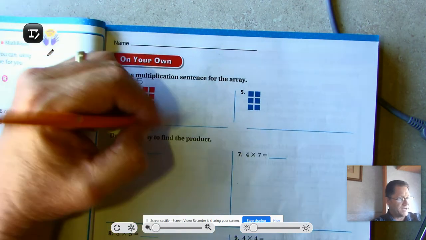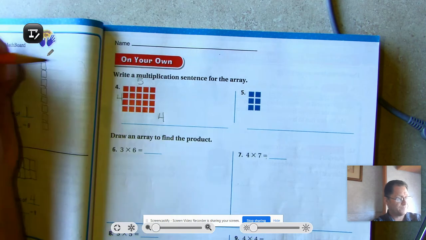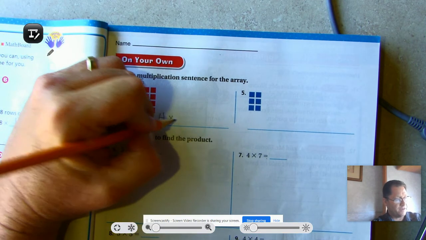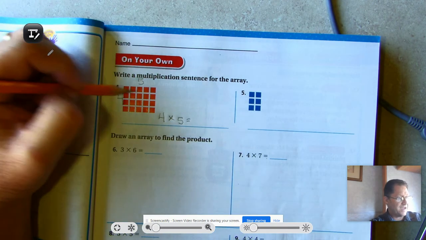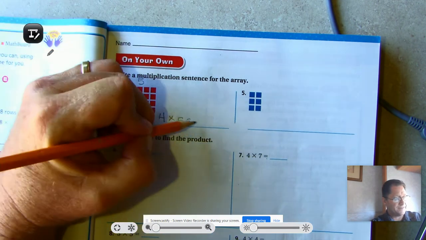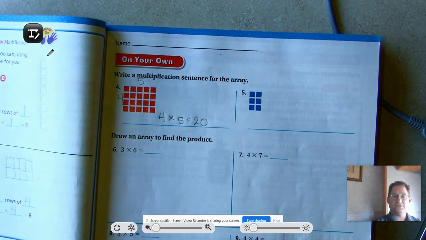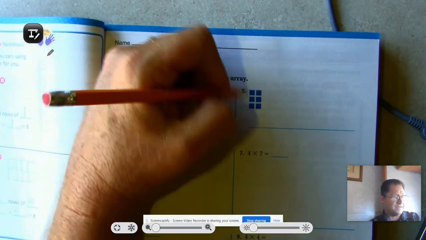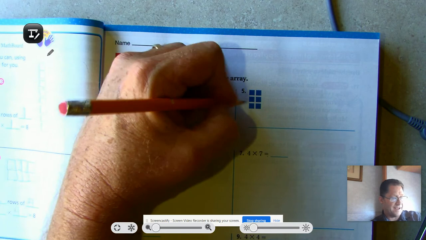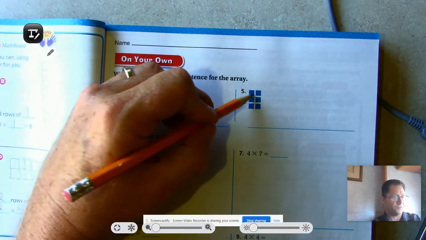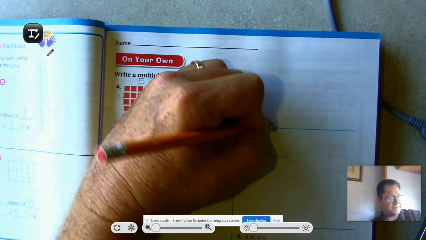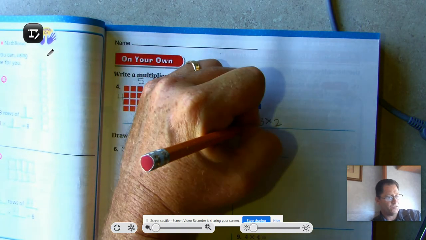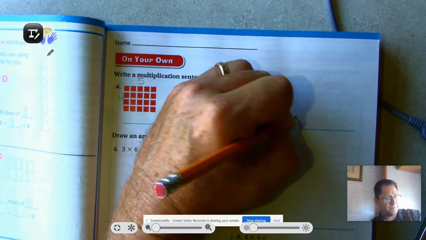So what's that multiplication problem? 4 rows of 5, 5, 10, 15, 20. 4 times 5 is 20. In number 5, I see that I have 3 rows, 1, 2, 3, and every row has 2. 3 times 2, 3 rows of 2 is 6.